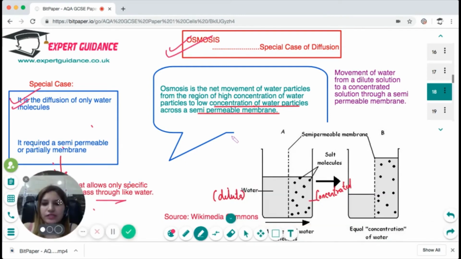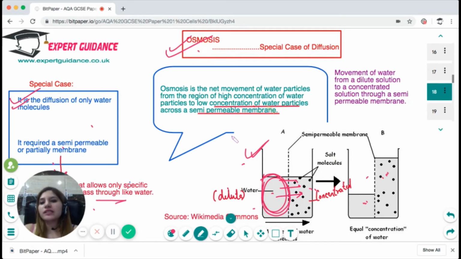If you see this diagram here, the water is more on the left because there's no solute. On the right, there are salt molecules, so it has less water. So water from the dilute solution, dilute meaning it has more water, passes to the concentrated solution through this semi-permeable membrane until the water concentration is equal on both sides, and this is known as osmosis.